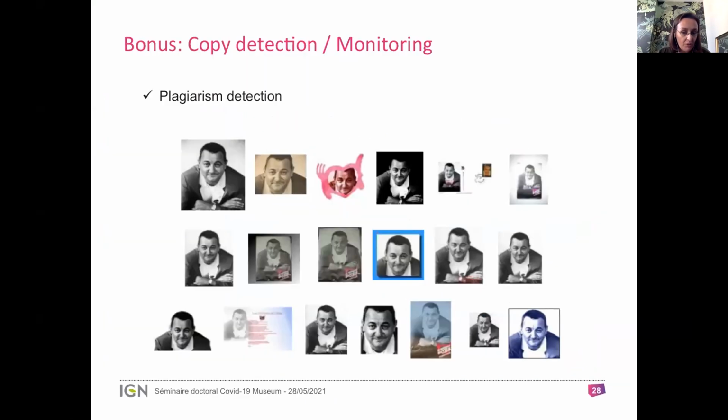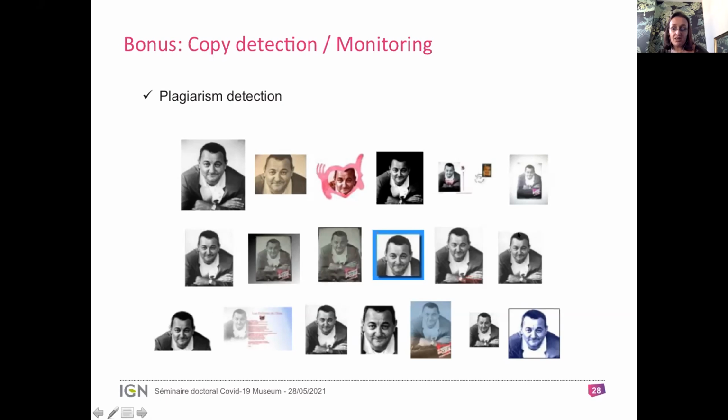It's not work that I do currently at IGN, but a particular application of content-based image indexing and retrieval is copy detection. For example, you take this photo of Coluche, and it's not complicated to develop dedicated descriptors and visual similarity measures to be able to retrieve all these variations of the content.